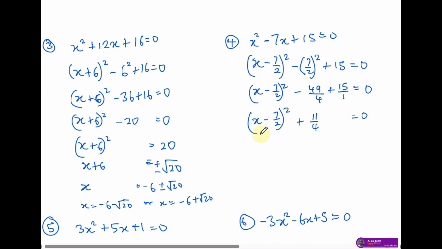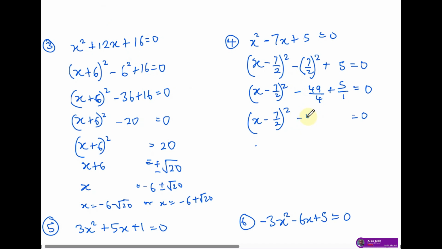Now, to continue solving this, I think I have to change this question because I'm going to get a very funny answer if I continue. I don't want to get a funny answer, so let me make it 5. Let me make it plus 5, plus 5 over 1. So I don't want to get a math error.